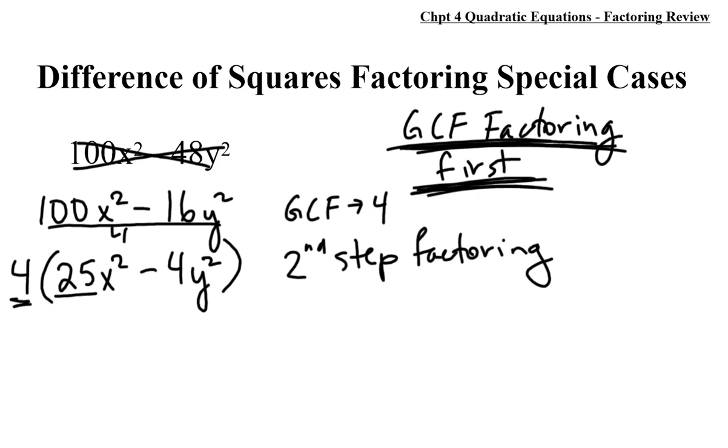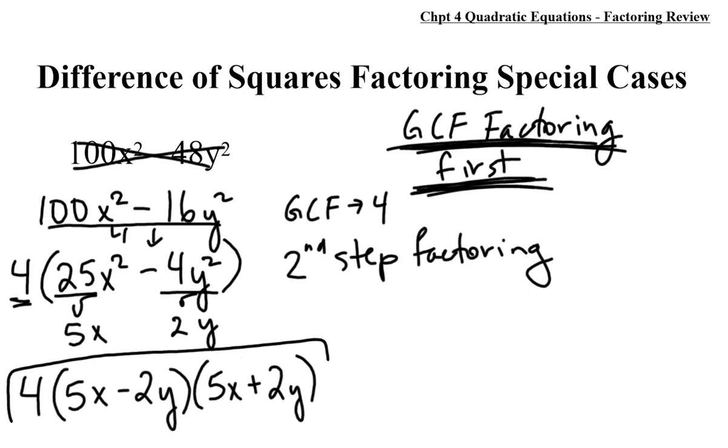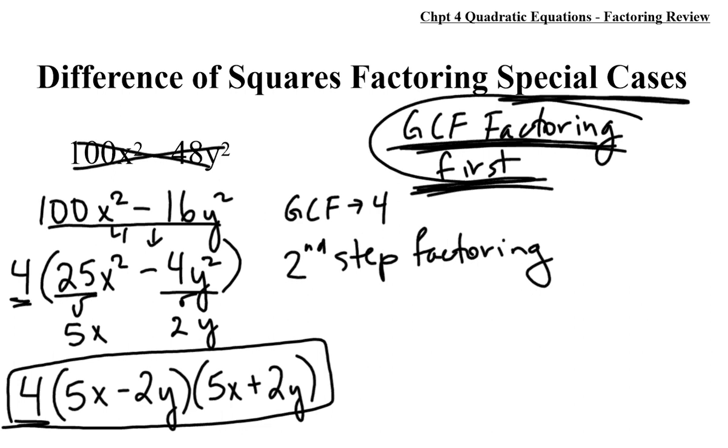Well, we still have two terms being subtracted, and now we have stuff that's square rootable. So now we're going to have 5x minus 2y times 5x plus 2y, with that GCF that we factored out front. So difference of squares special case, always do GCF factoring first if possible.